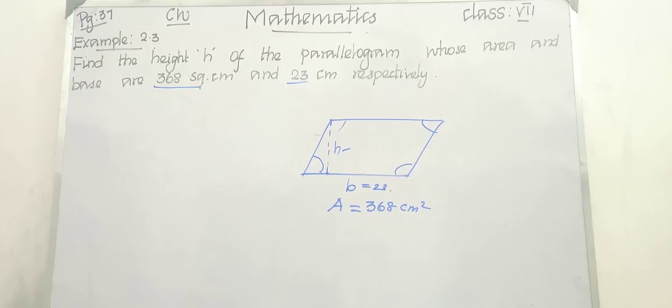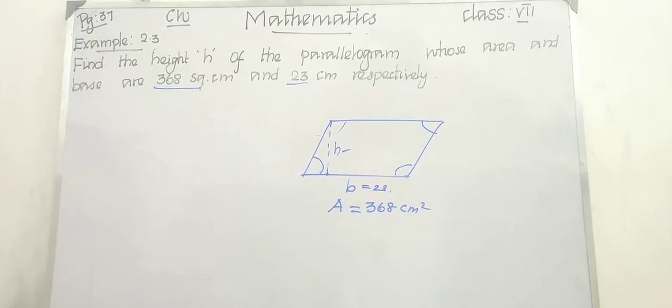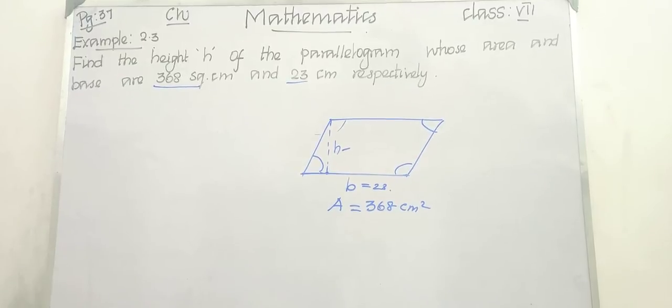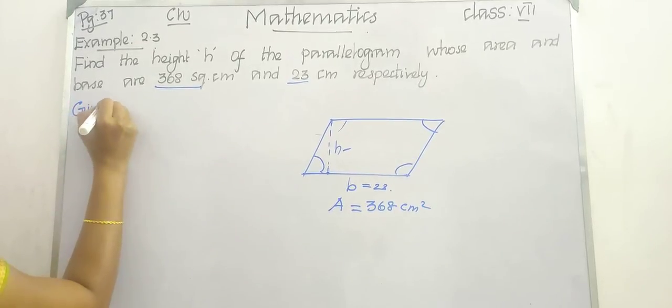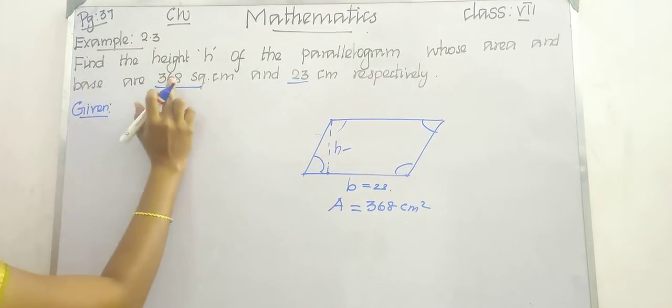So first of all let us write the given. Take your classwork notebook, write this question, example 2.3, put today's date and start writing. Now write the given for this question. So what is given? Area is given, right?